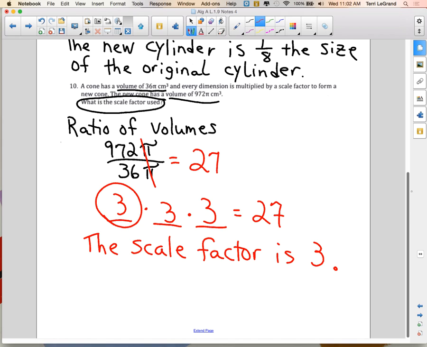The new cone is 27 times bigger, but that does not mean the scale factor was 27. That's a lot. But yet all they did was triple the dimensions. That's what we found out. If you triple the dimensions of a cone, the new one is going to be 27 times bigger.